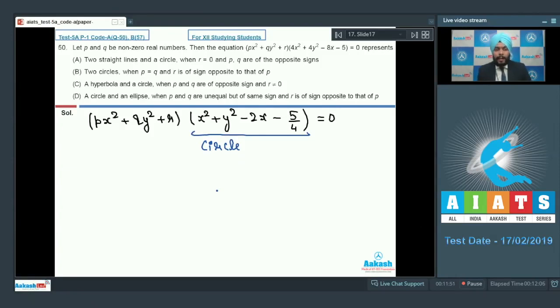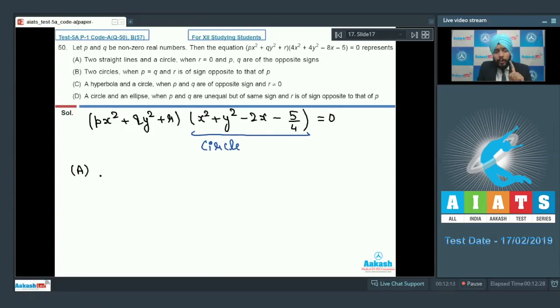Let us read options one by one and make conclusions about p, q, r. Option A: two straight lines and a circle. Circle is already there. How does px square plus qy square plus r equals 0 represent two pairs of straight lines? We have only a homogeneous equation over there and r is 0.